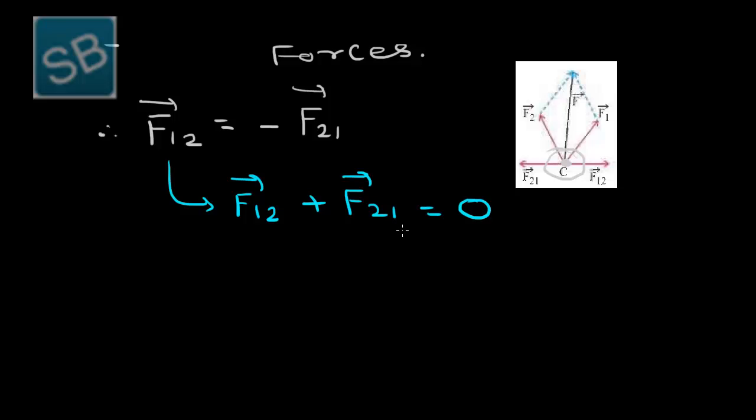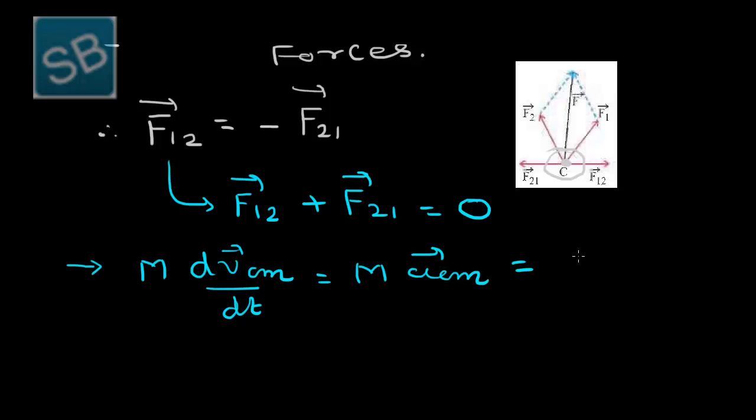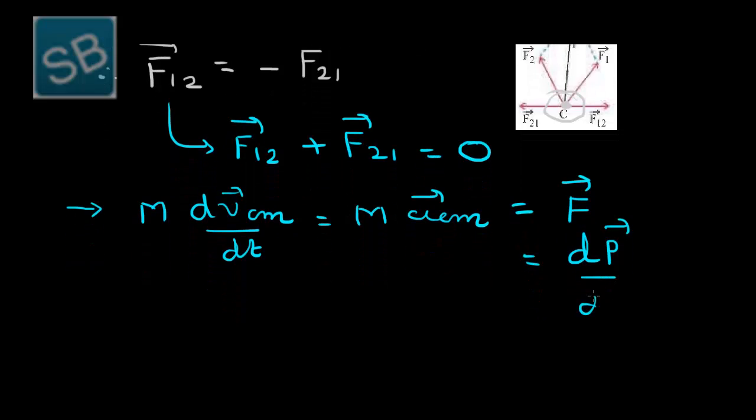Now I will write one statement according to this discussion as m dvcm by dt, which I can also write as m acm is equal to F, because according to Newton's second law of motion, I can also write this as dp over dt, because it is the rate of change of momentum with respect to time.